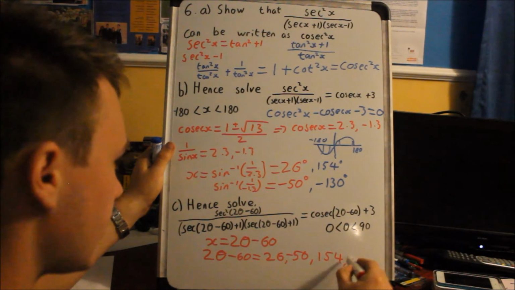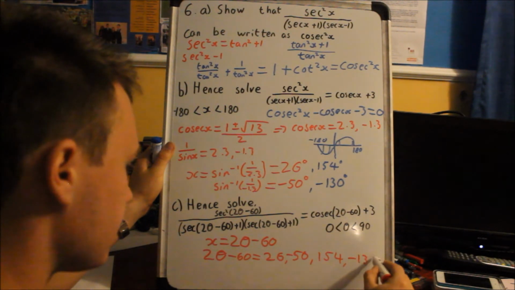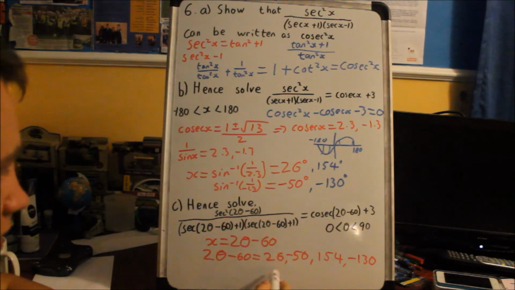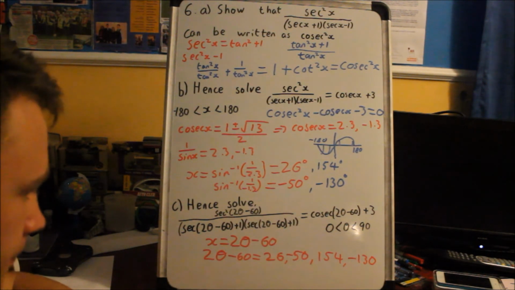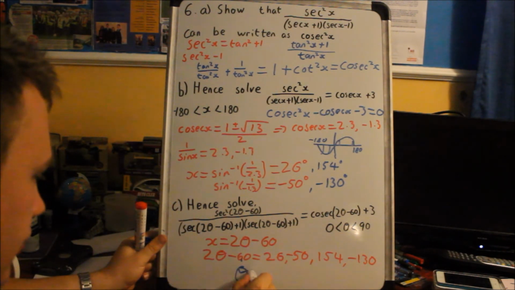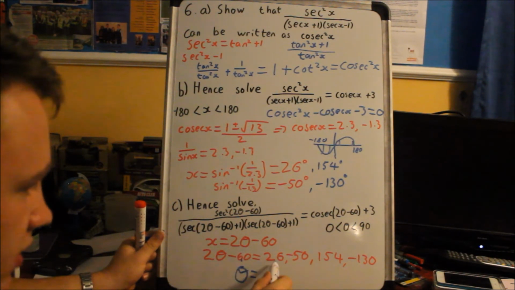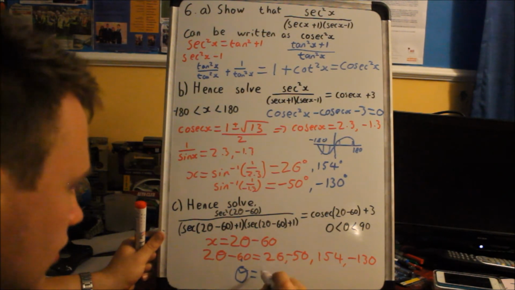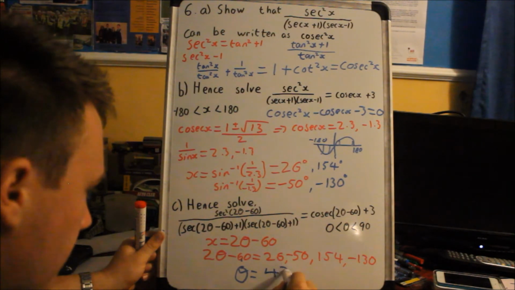154 and minus 130. So to find theta, you've got to plus on 60 to each of the values and divide them by 2. So that's rearranging it to find theta on its own. So firstly, this one, plus 60 gets 86, divided by 2 is 43.